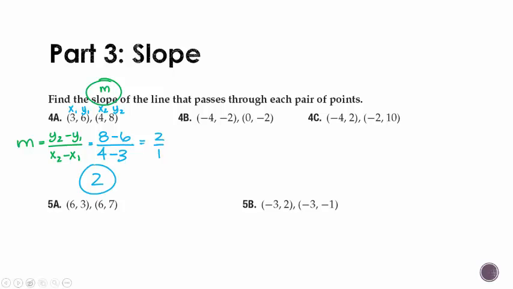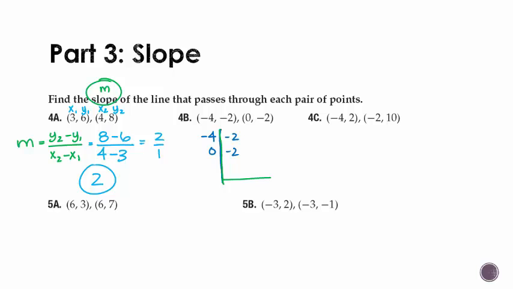Now you can use the formula, or here's another trick. If you put the 2 points on top of each other, and it doesn't matter what 2 points, or what point goes on top of each other, you draw a little L through here. This L is going to split things up so that on the top it has your y values, and on the bottom here you're going to put your x values.